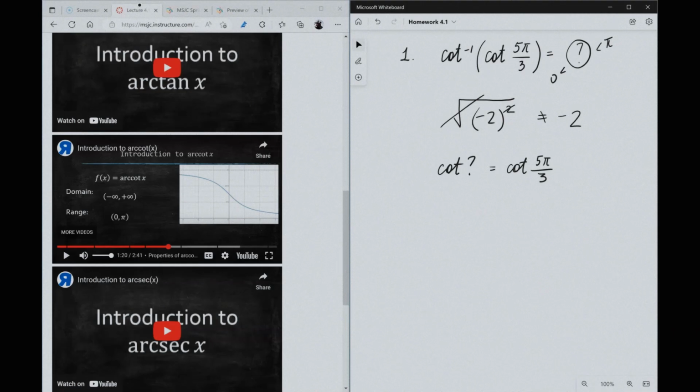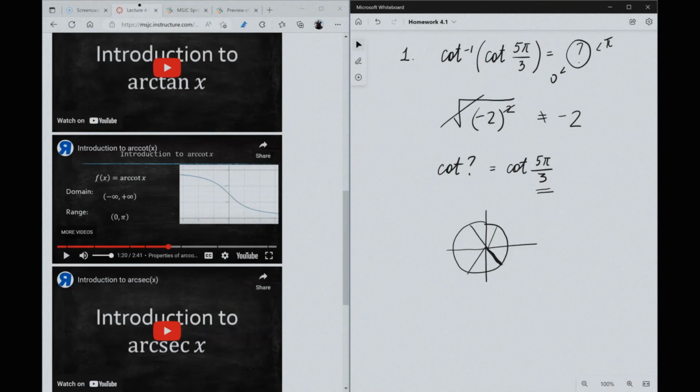And it's just a matter, I guess, of understanding what this angle is. So let's just sketch a quick unit circle, or just a circle. Where's 5 pi over 3? This is pi over 3, 2 pi over 3, 3 pi over 3, 4 pi over 3, 5 pi over 3, right here. So you see how 5 pi over 3 is right over here. And what's the cotangent of 5 pi over 3?